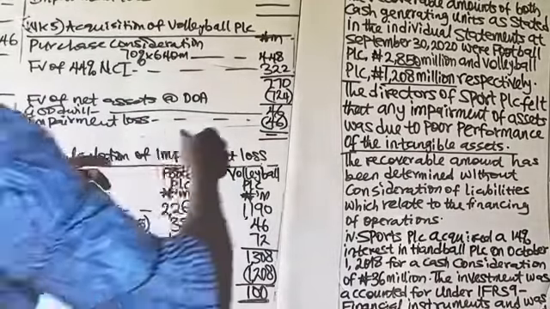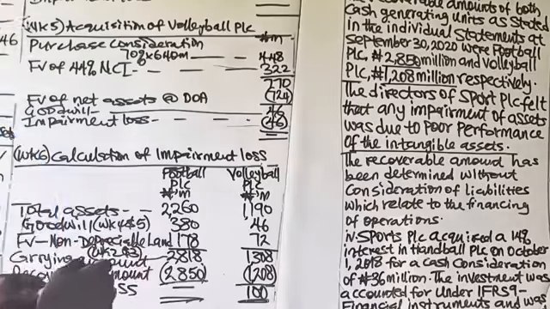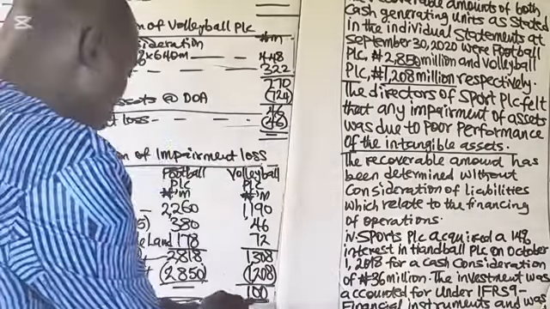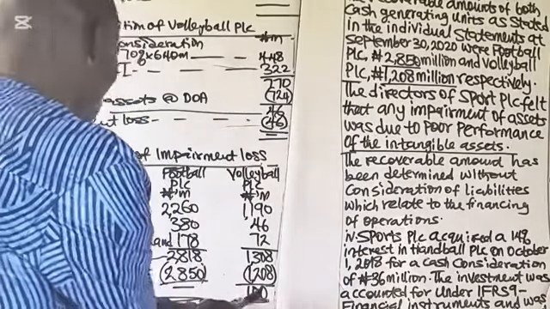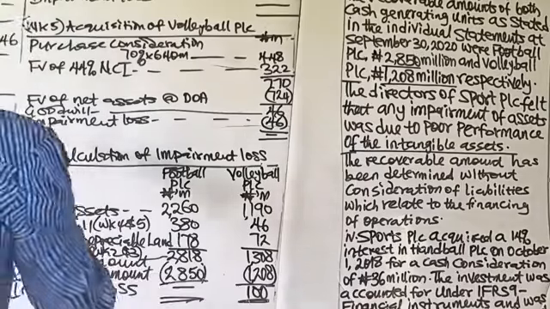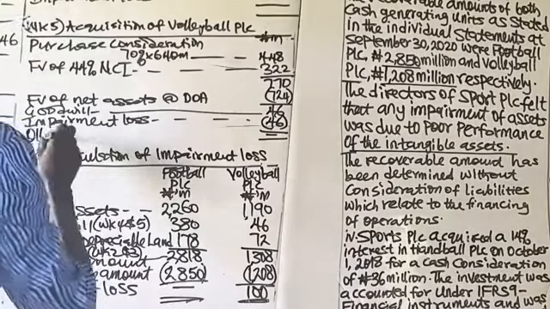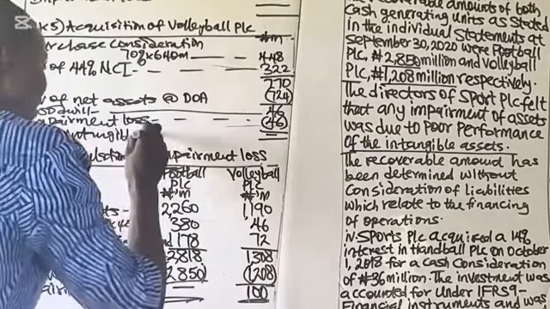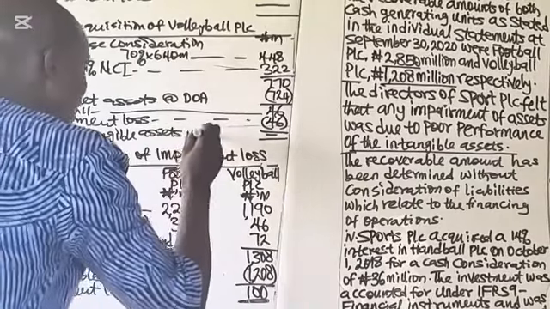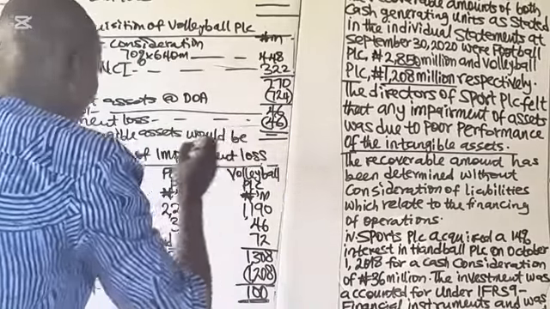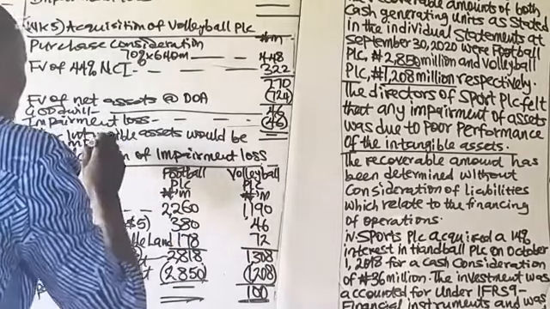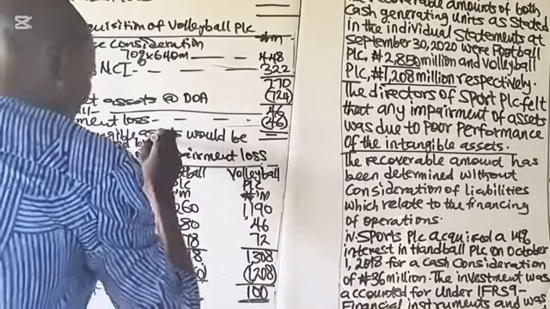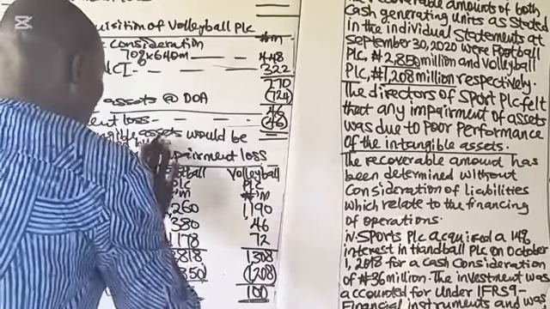Any other intangible assets we have for volleyball, apart from goodwill, will absorb the remaining amount, so other intangible assets would be impaired by 54 million naira.